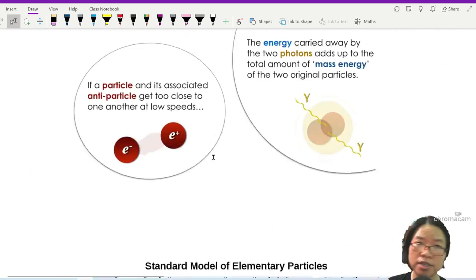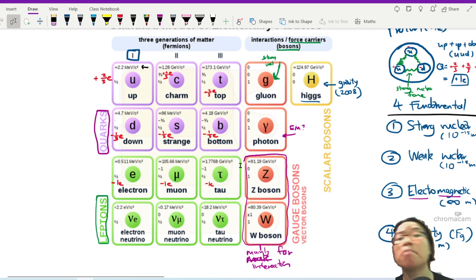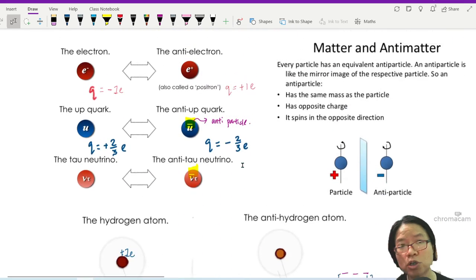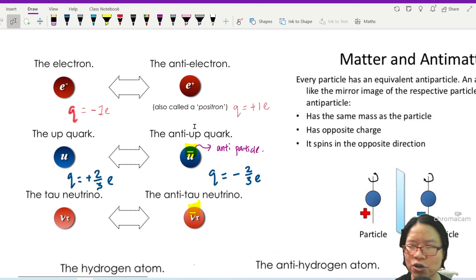Okay. So in this video, we understood that the fundamental particles have a mirror particle, which is what we call antimatter or antiparticle, which has the same mass but opposite charge and spins in the opposite direction. To represent the antiparticle, we will add a bar on top, except electron, because electron is special.